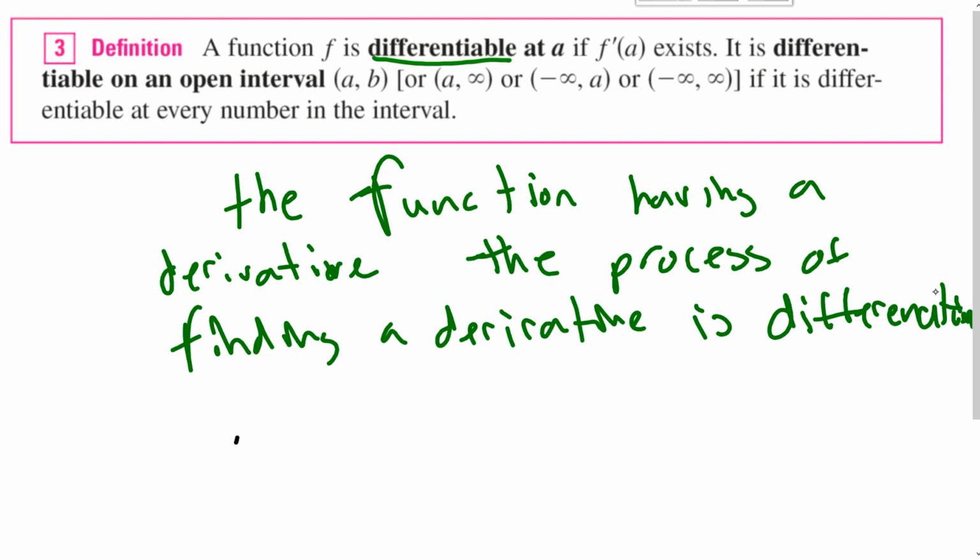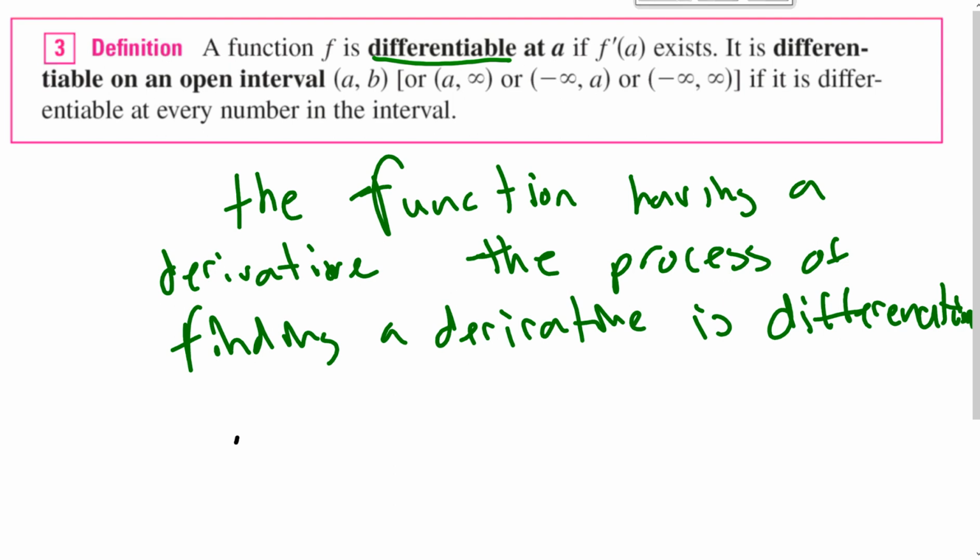So finding the derivative is the process of differentiation, and if it's differentiable, that means that the derivative exists. Okay, so there are some cases where the derivative exists, that means it's differentiable, and there are some cases where it does not exist, so it's not differentiable.